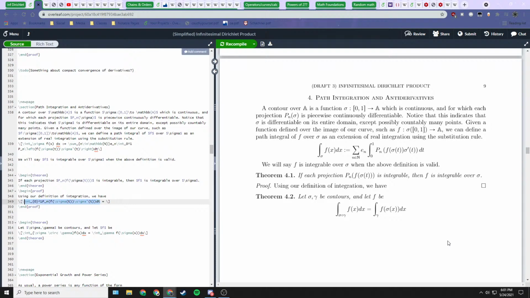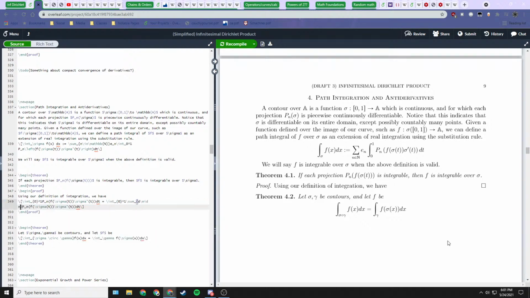This sort of integral here will just be a repeated summation. So I'll have the sum over, we'll do d as a divisor of n, actually instead of d, we'll do ab equaling n, because that's a more compact way to notate that. So we have p of a, f of sigma t, and then p of b, sigma prime of t.